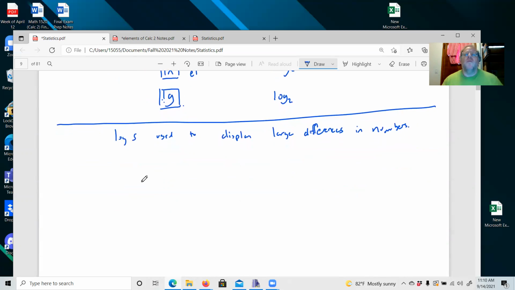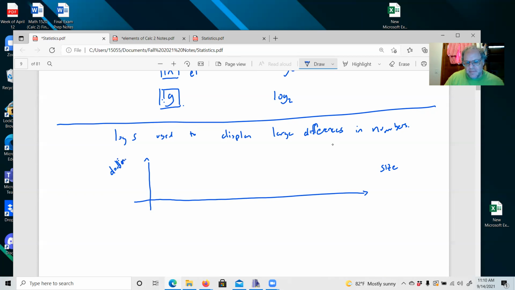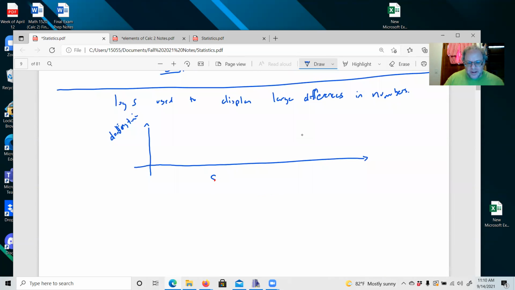What if you're a biologist studying sizes of viruses? Maybe you want the size of an organism. I don't know how big these things are.